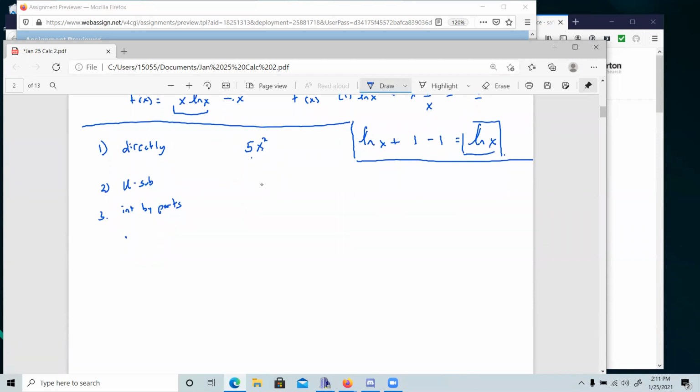If you have a polynomial times a transcendental function, times an exponent, a polynomial times a logarithm, any kind of log, or a polynomial times a trig function, you are going to be doing integration by parts. There's just certain forms that you will get to know. But if you're just given an integral and you don't really know, you try direct, then U substitution, then integration by parts.